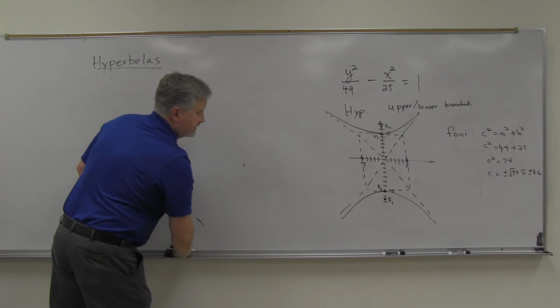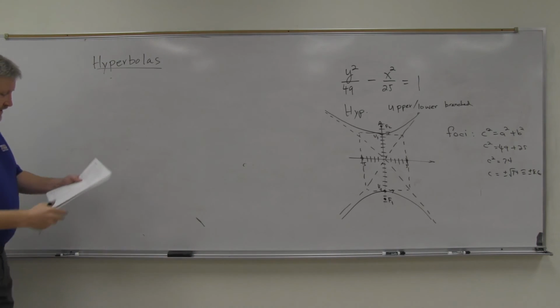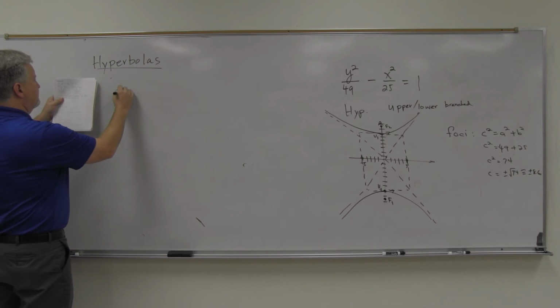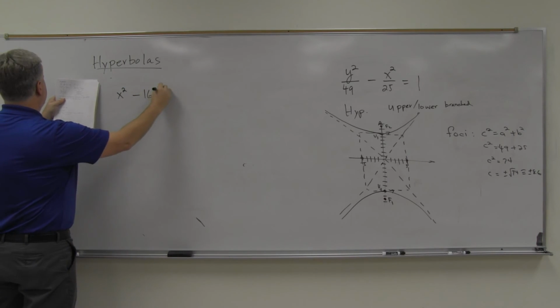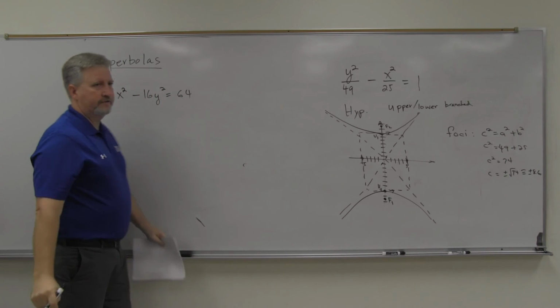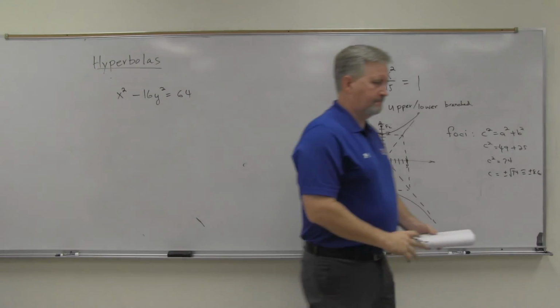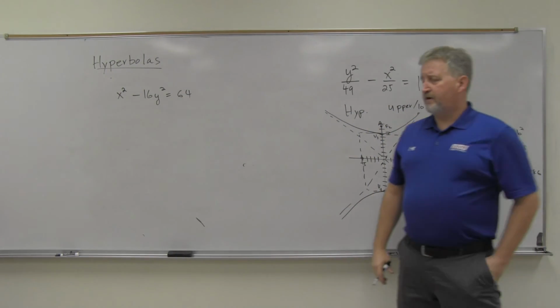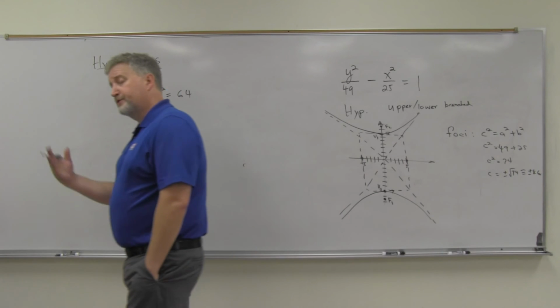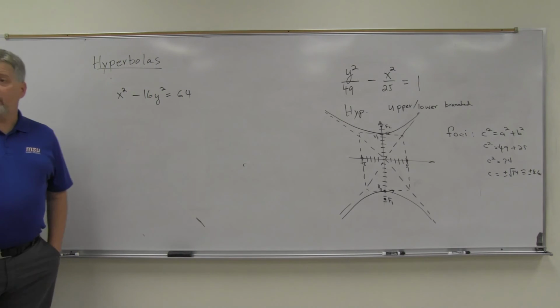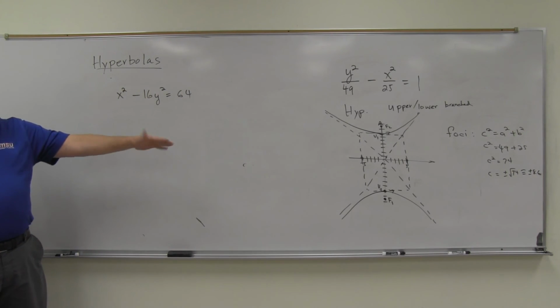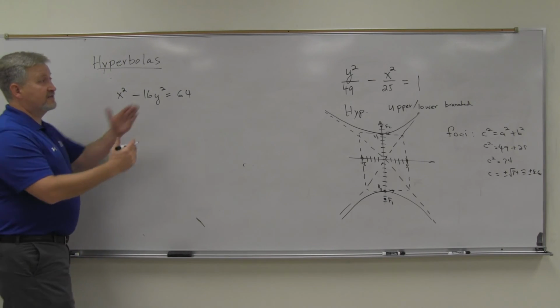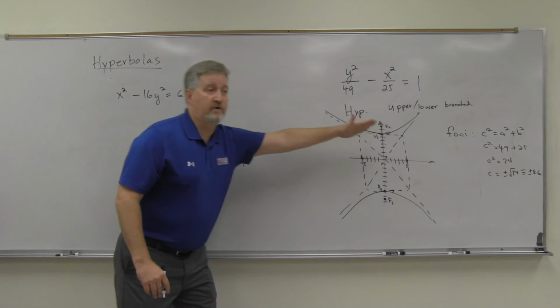One more little mention here, just to make sure you get it set up anyway. What is that one? Last one. X squared minus 16 y squared equals 64. What should we do? Divide it all by 64. It's a hyperbola, isn't it? Because I've got x squared minus y squared, that's a hyperbola, but it's not in that form. Again, it needs to equal 1.